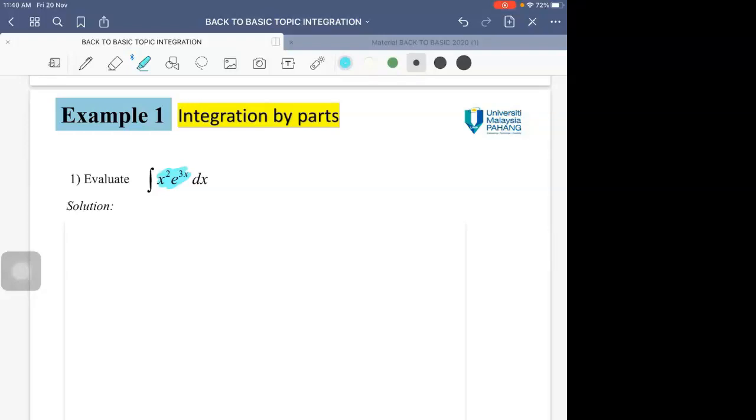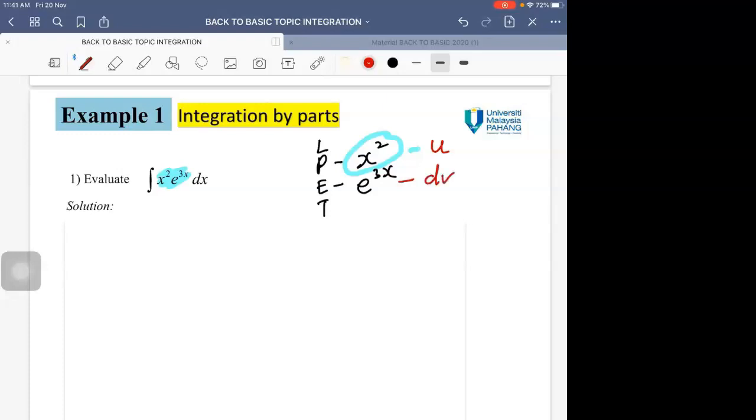Based on the precedence LPET, we have the polynomial x squared, and then another function, exponent 3x. Because polynomial comes first in this order, x squared should be our u, and exponent 3x should be your dv.